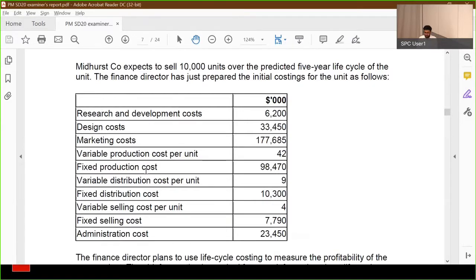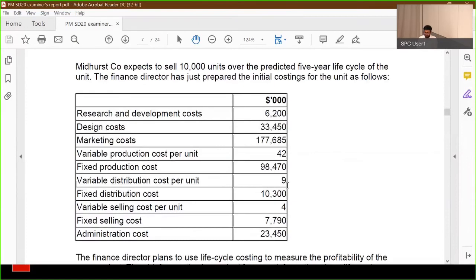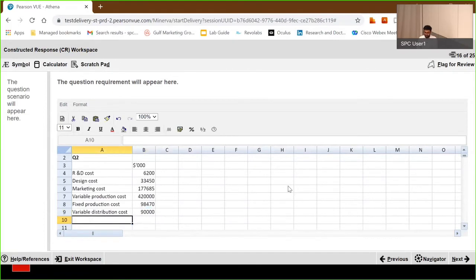Then we have variable distribution cost. This cost is also given to us per unit. So let's multiply by the number of sales units, because budget, production and sale units are the same. So we'll be multiplying by the same 10,000.